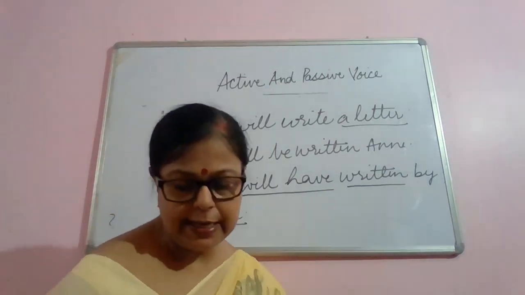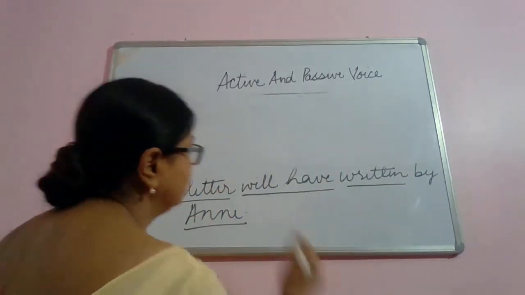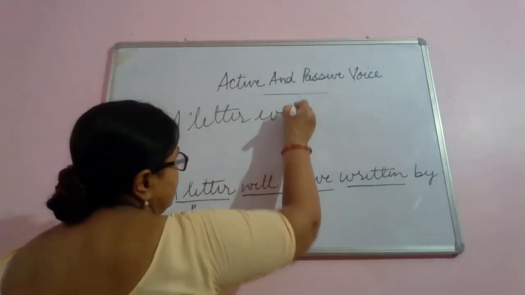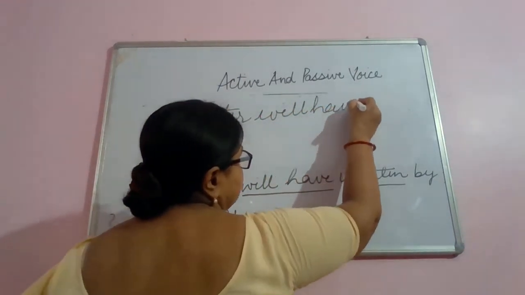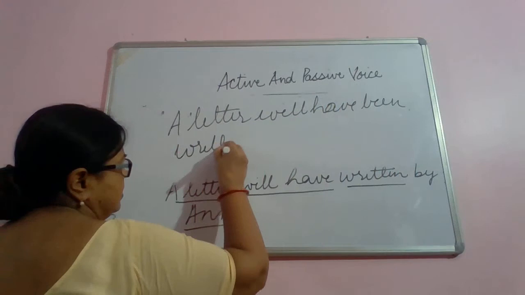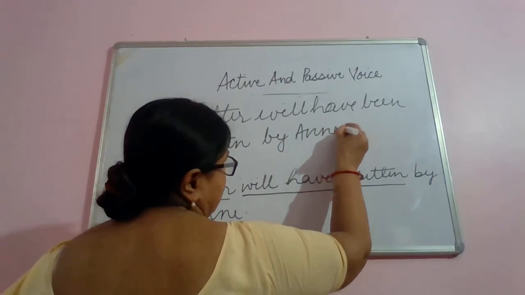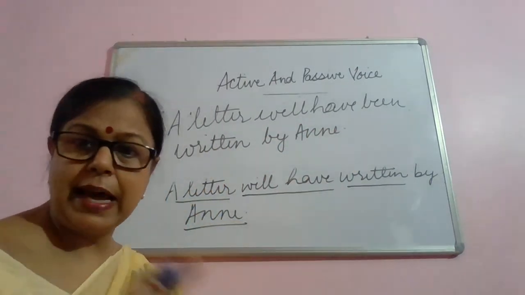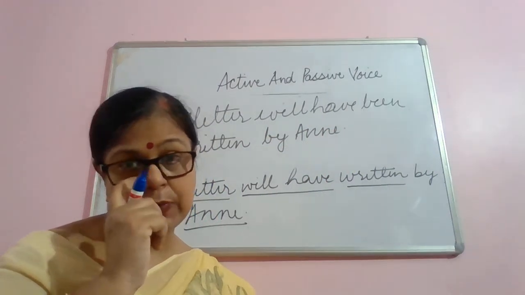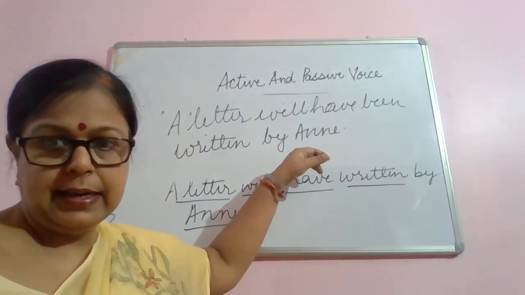So when we change this into passive voice, we say a letter will have been written by Anna. Future perfect continuous does not change into passive voice, because we are already changing this. Is it clear?